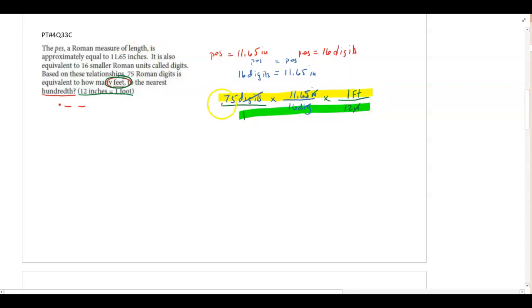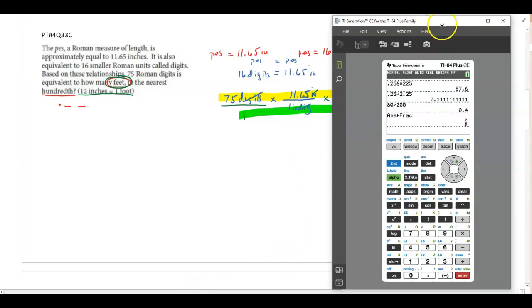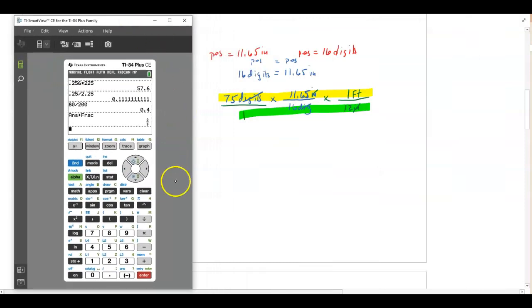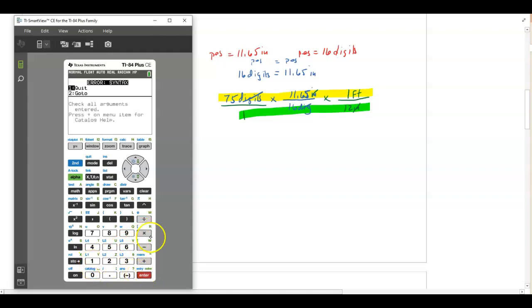So 75 times 11.65, right here is how I do it in the calculator. I'm going to go 75 times 11.65, enter. And 16 times 12 gives me 192.